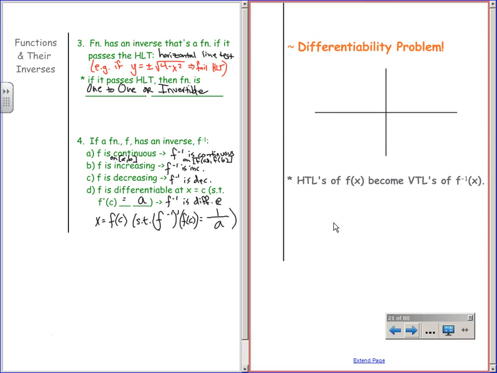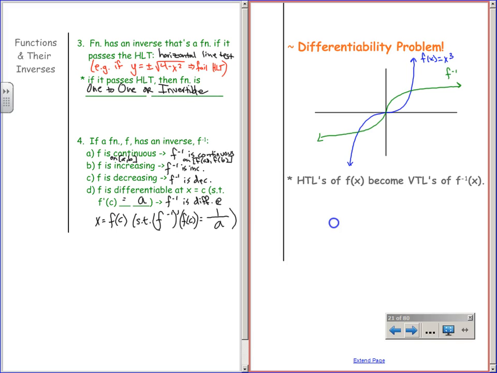I'm going to use a super basic example, okay? Let me do y equals x cubed, or f of x equals x cubed. And then you guys can see the reflection across y equals x.